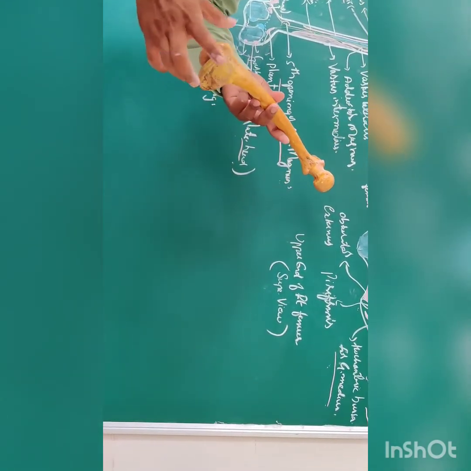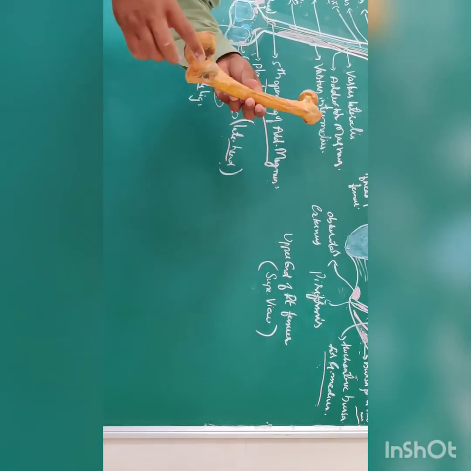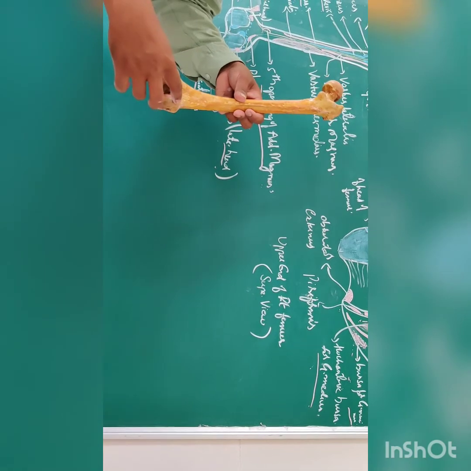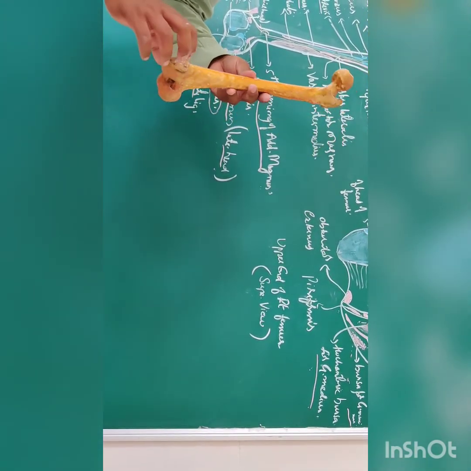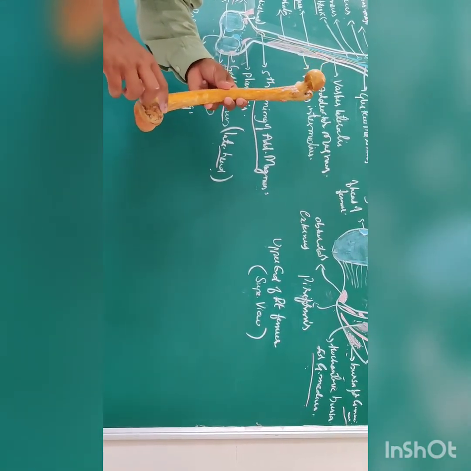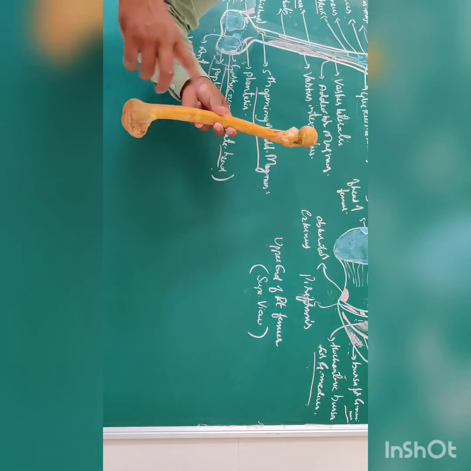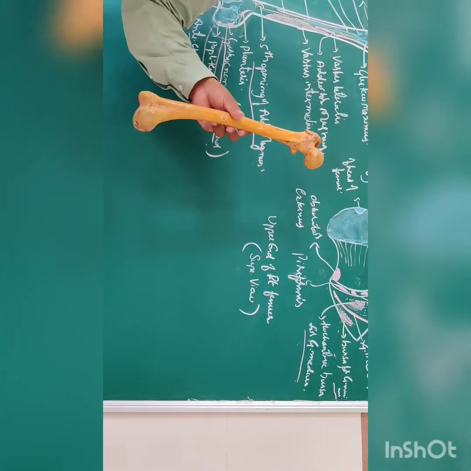The lower end consists of medial condyle, lateral condyle, and intercondylar fossa, the medial epicondyle and the lateral epicondyle. Okay, so the adductor tubercle is very, very important, which is just below the medial supracondylar ridge. The unique features I have already told you about the adductor tubercle. Okay, that you must remember.